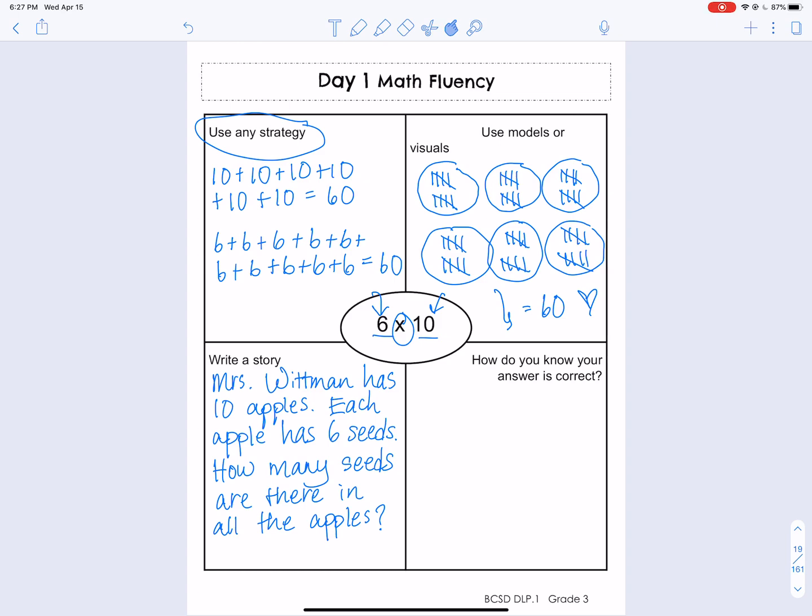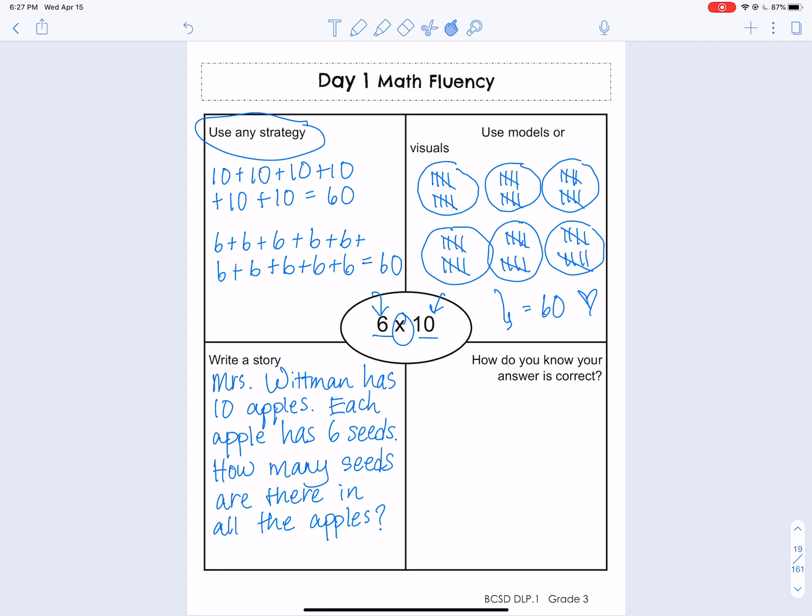Okay, last box is, how do you know your answer is correct? This is where you are justifying or proving your answer using words. So you could say something like, I know my answer is correct because I used multiple strategies to demonstrate that 6 times 10 equals 60.